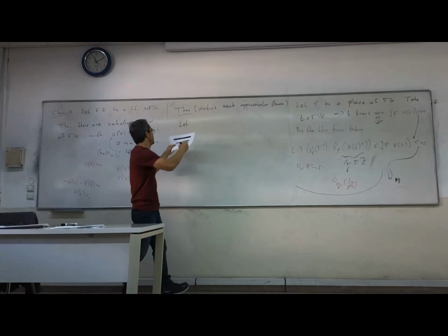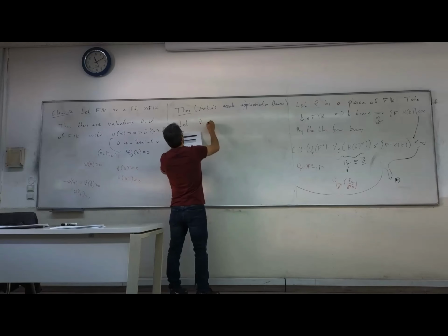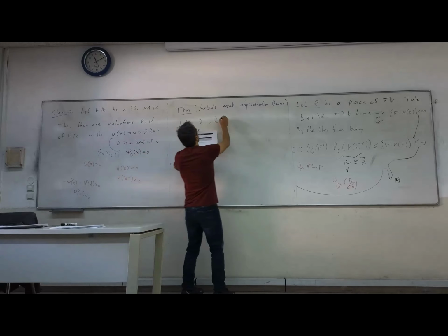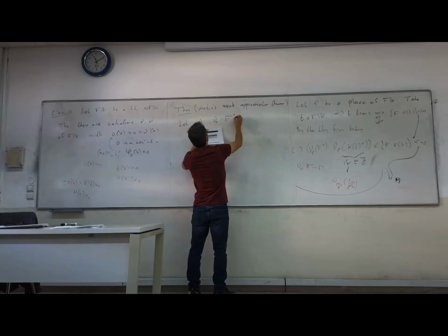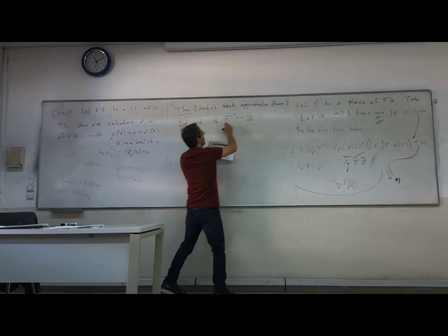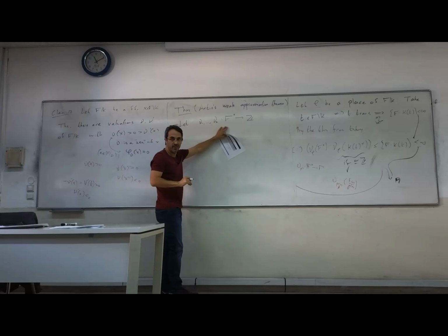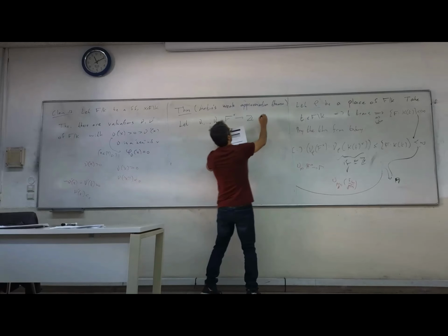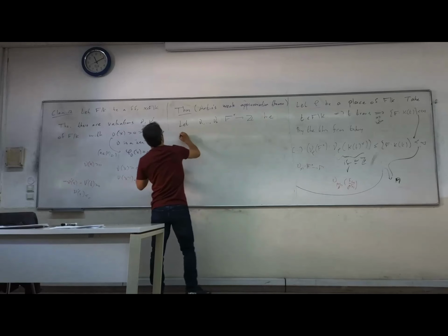So let's say now that you are given n valuations. It's even before the context of a function field, by the way. So this is just a valuation of a field. It appears as a unit before function fields. So these are non-equivalent valuations.